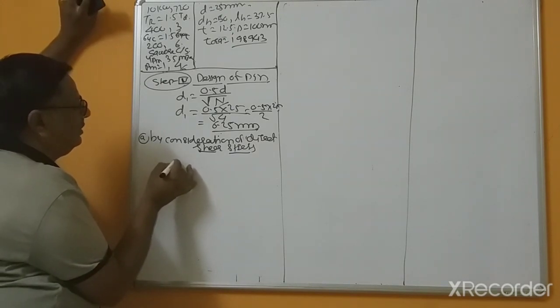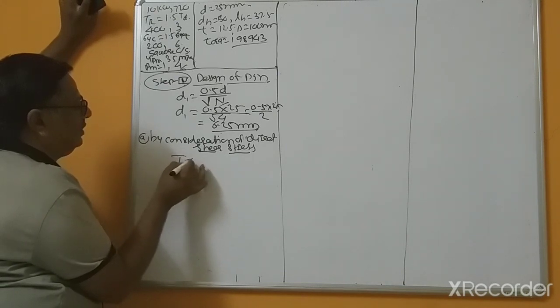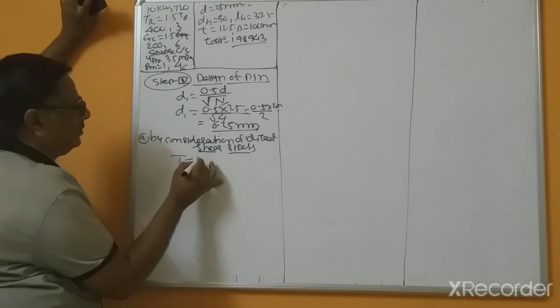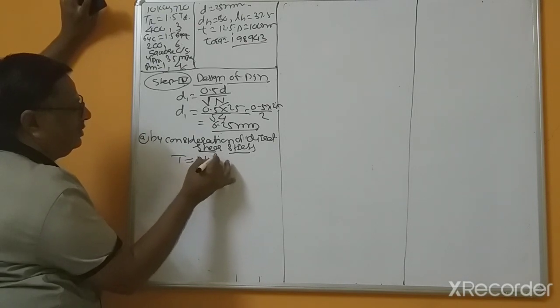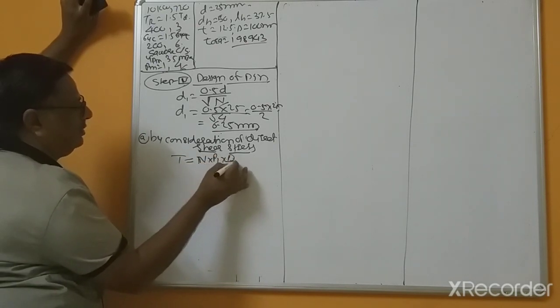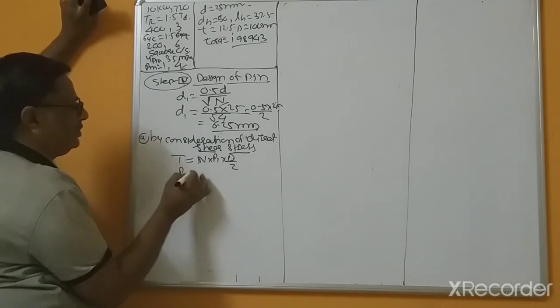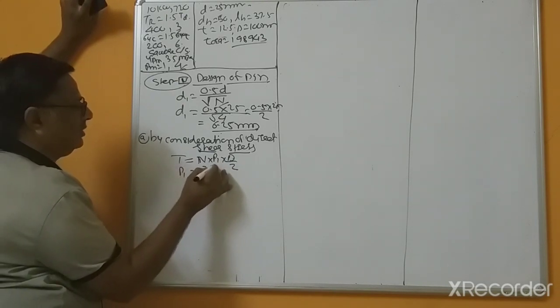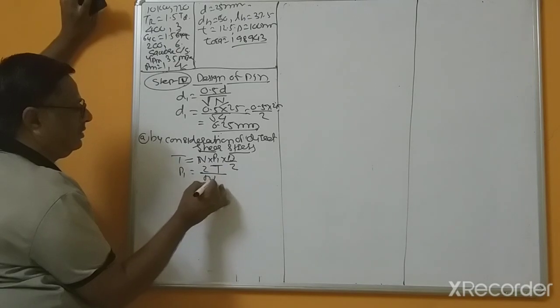What is the formula? T equal to N into P1 D divided by 2. So force acting P1 equal to 2T divided by dN.